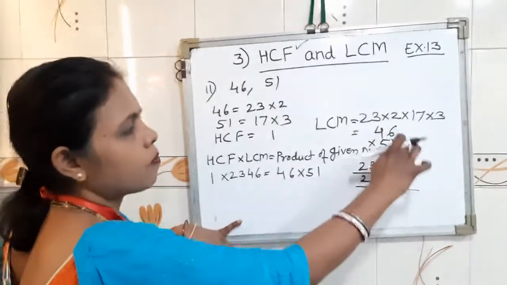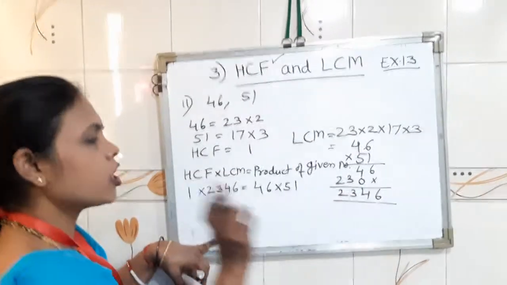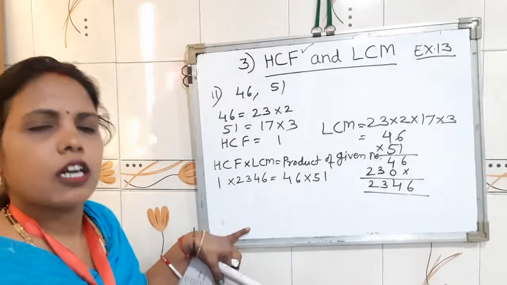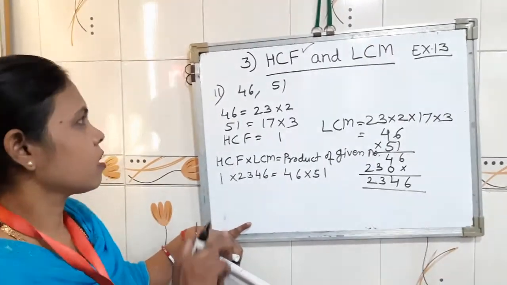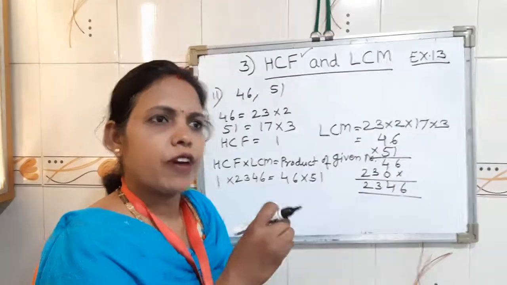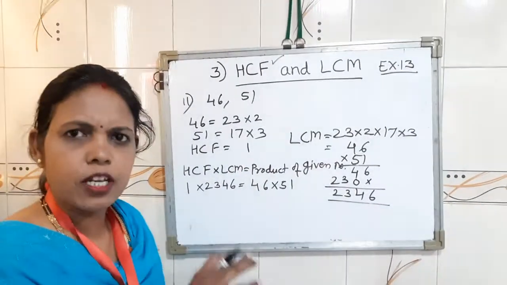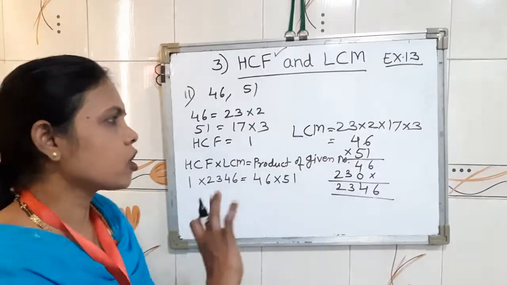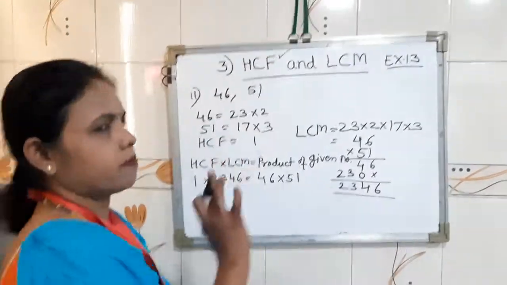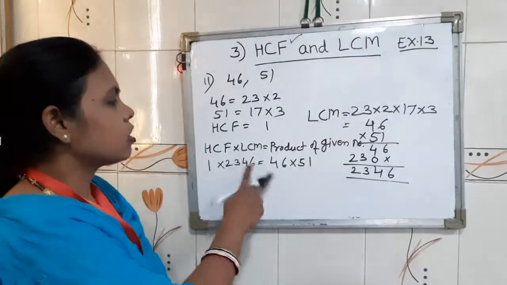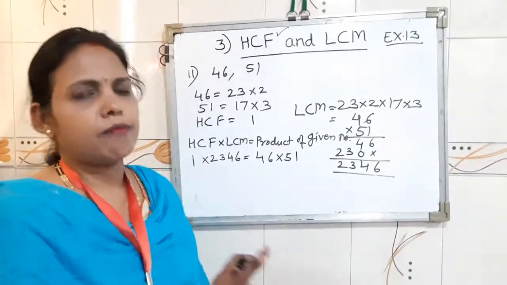As you know, multiplication of both these numbers, you are getting the same number only, 2346. Therefore, children, your verification: GCD into LCM equal to product of given numbers. Given numbers means the question. It is clear that both sides' numbers are the same only.